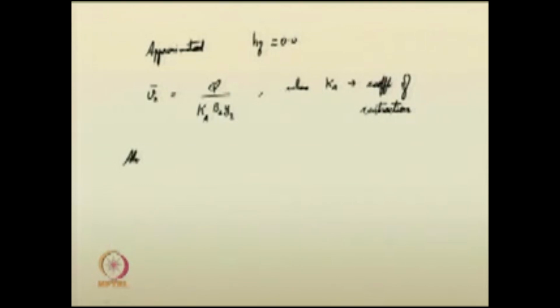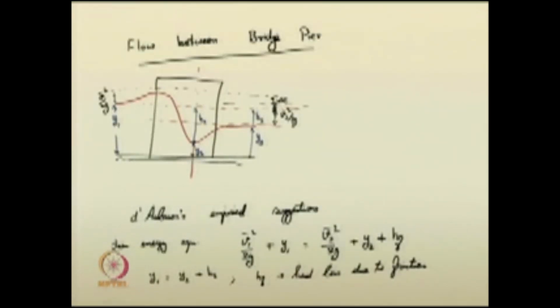Also, he suggested the discharge Q is nothing but K A into B 2 y 2 root of 2 g h 2 plus V 1 squared. He also suggested that this height h 3, in the original pier description we have h 3 and h 2 as distinct values, right.